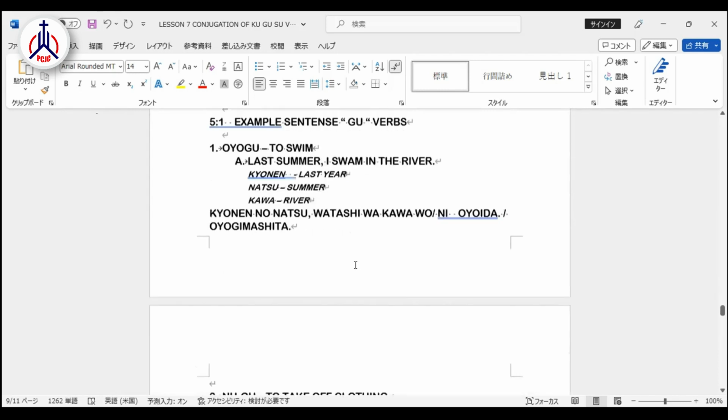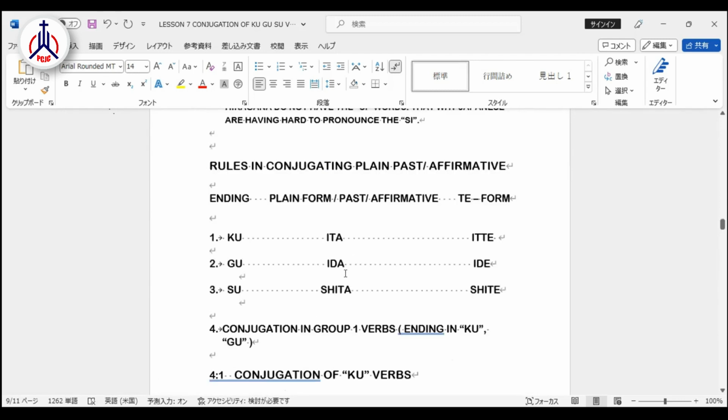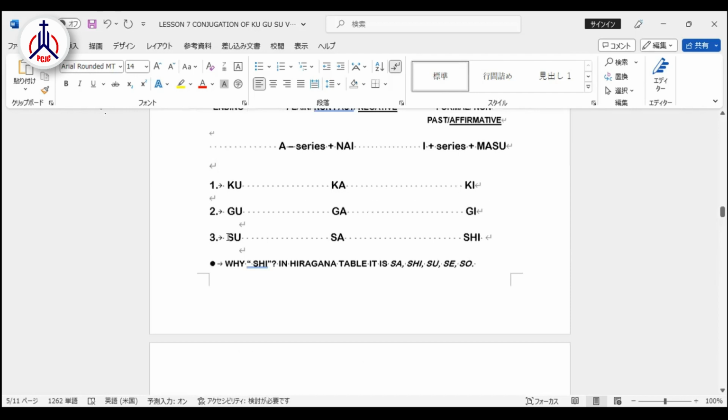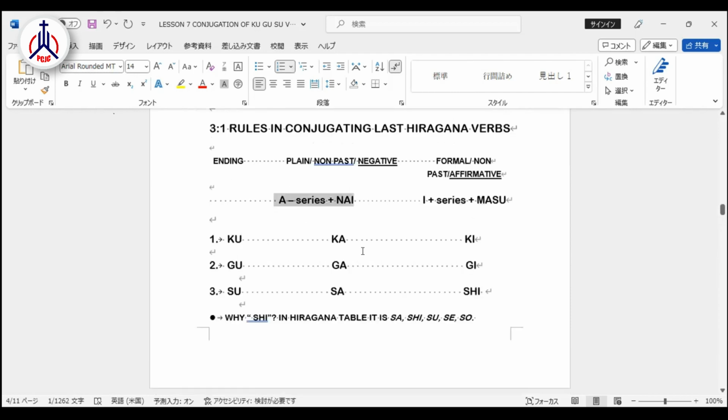In the su table, the su in the A series will become sa plus nai. And then the formal non-past affirmative, the su will become I series shi. This is what I explained to you.